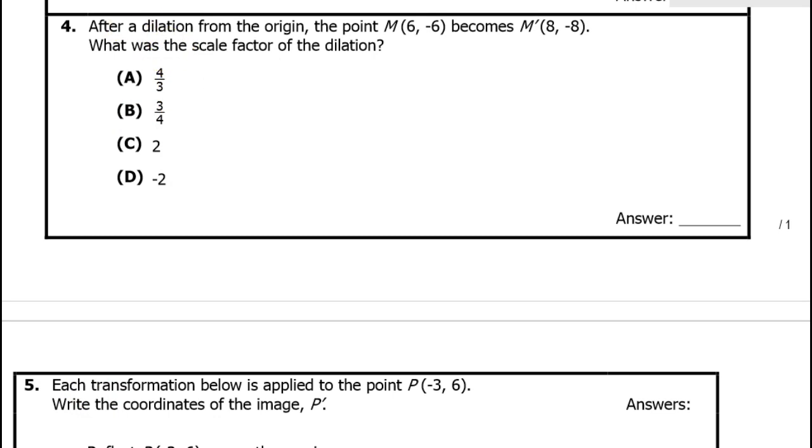Number 4. After a dilation from the origin, point M becomes point M prime. What was the scale factor? So (6, -6) became (8, -8). Now when you do a dilation from the origin, all you do is multiply by the scale factor.